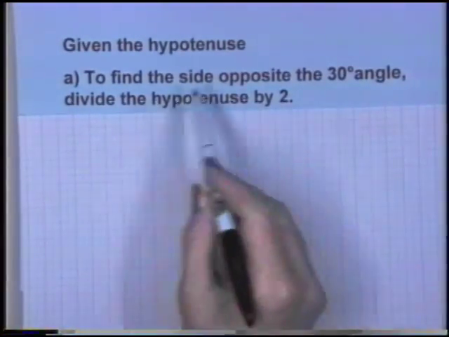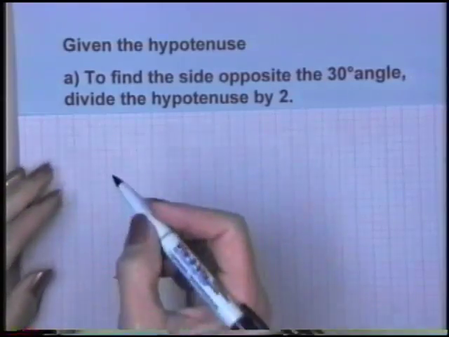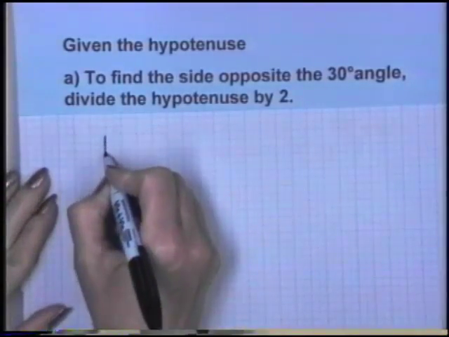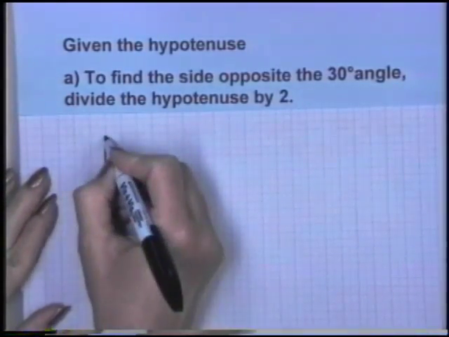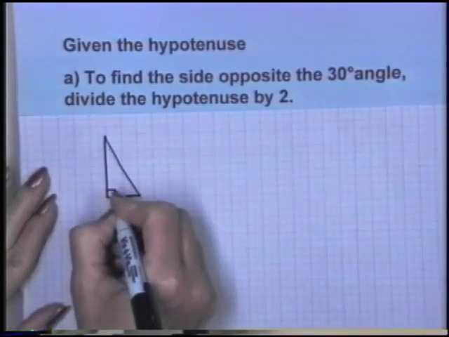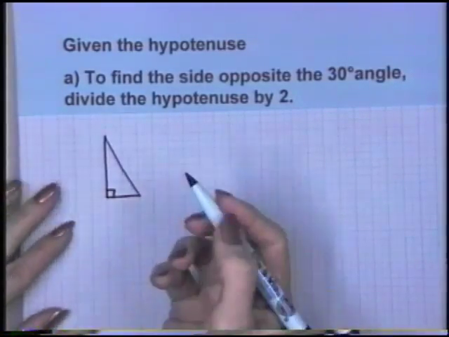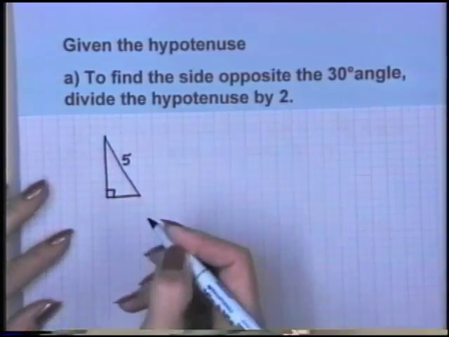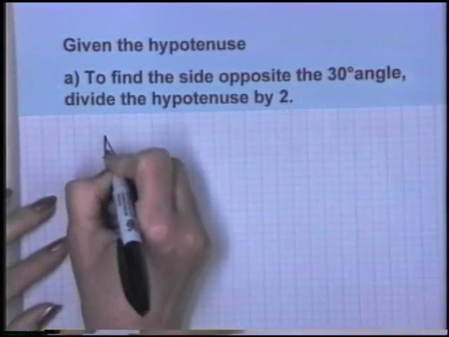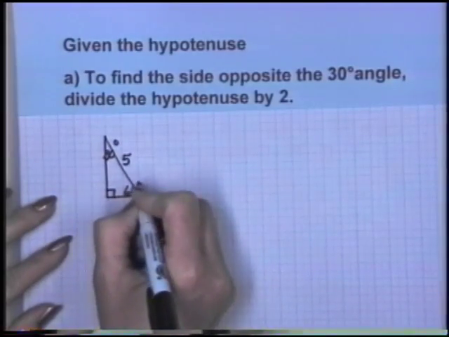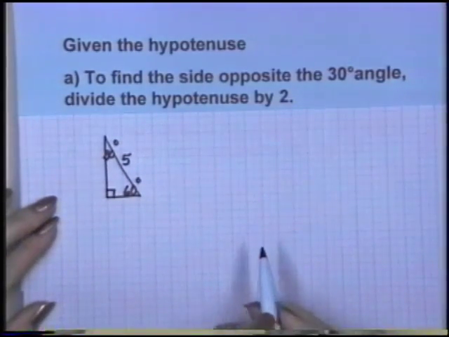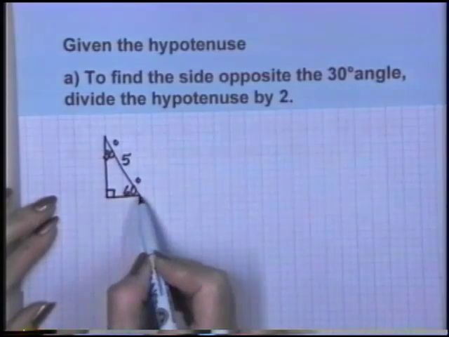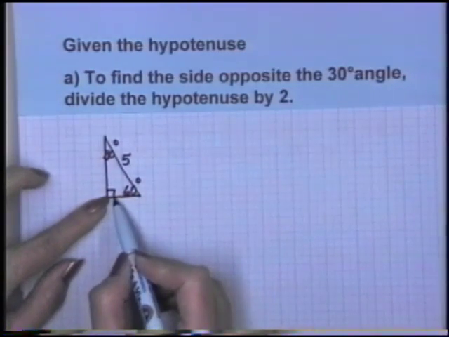Well, if I'm given the hypotenuse, I first find the side across from the 30 because I think it's easier to do that. So let's pretend that the hypotenuse is a 5, and let's label my 30-degree angle and my 60-degree angle.